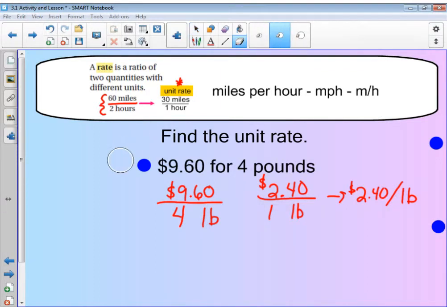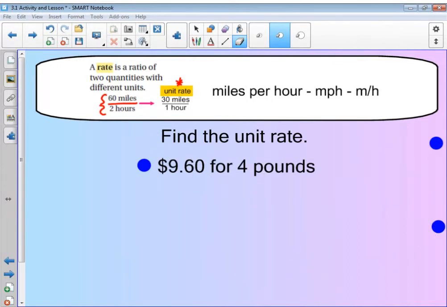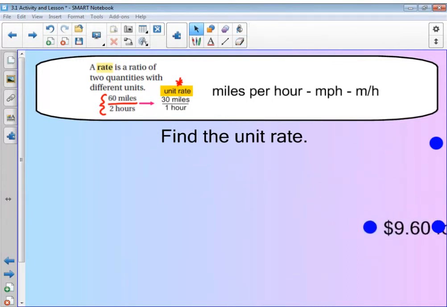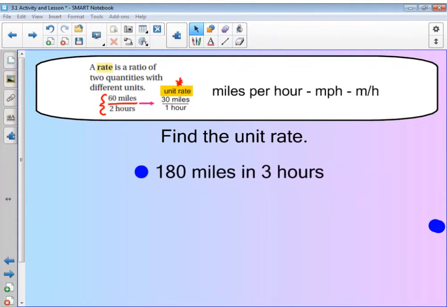All right, so let's have you try one on your own. Here we have 180 miles in 3 hours. You can pause your video and work your way through this one and get it down to its unit rate.